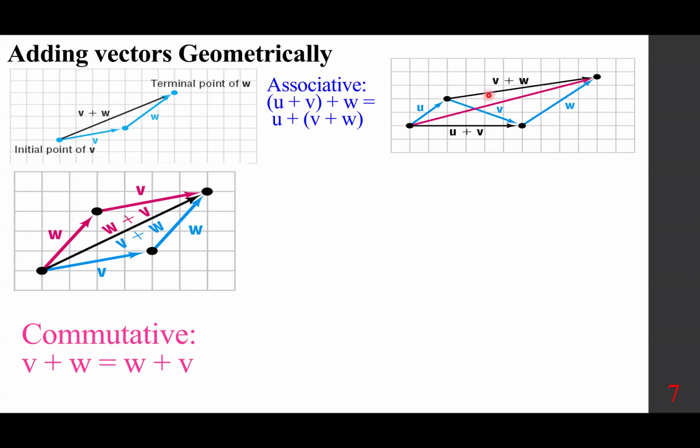Or V and W gives you this one. Now U and V plus W. So that means put it in any order. The result is the red one, which is the sum of all three. U, V, this is U plus V, this one, and W. And then V and W is this one, U plus that.